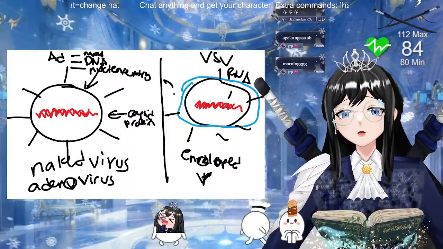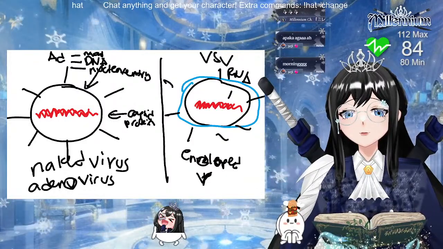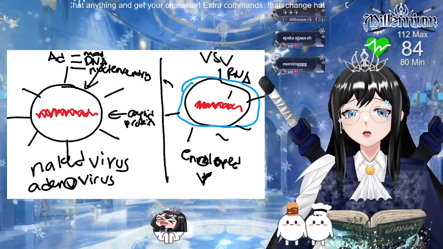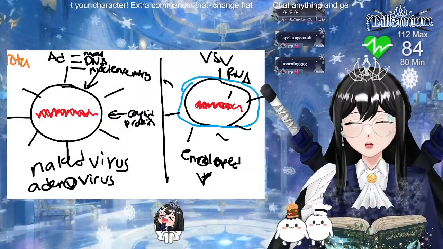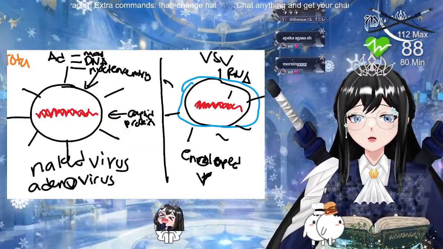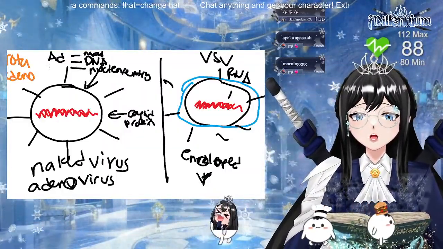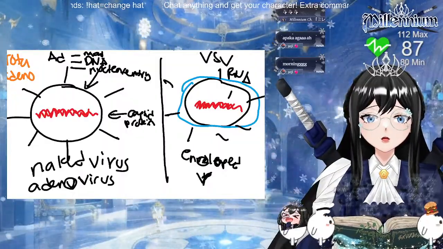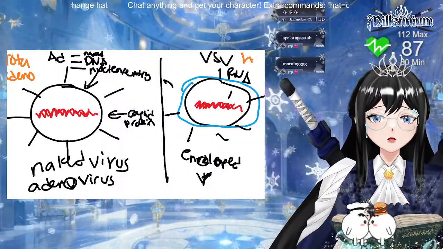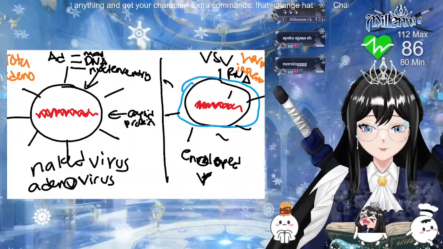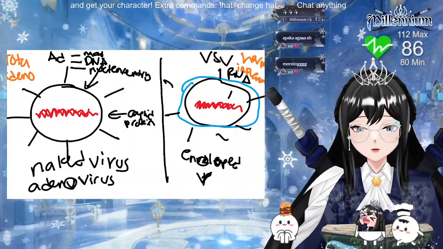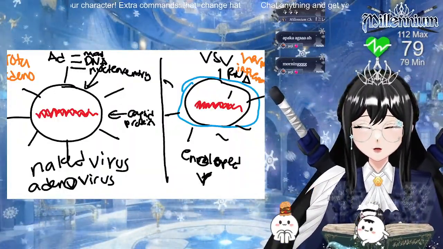Okay, so as example, here, I can write it. Rota and adeno are no envelope. For VSV, the examples would be herpes and influenza. That would affect their stability and transmission.